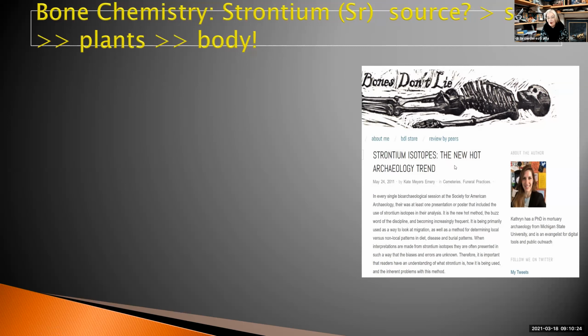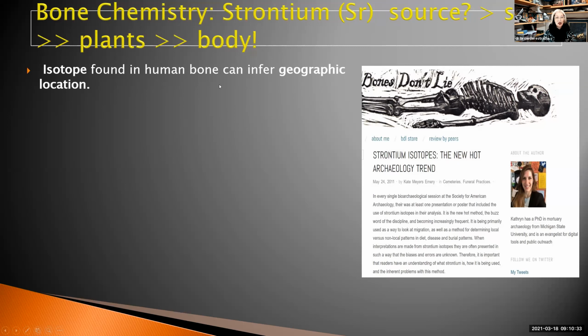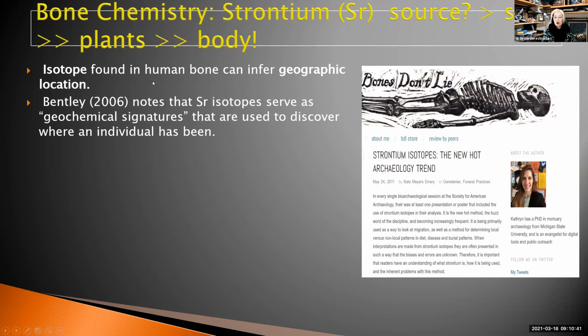And as you can see from this website, the new hot archaeology trend beginning after about 2010 or so, and still going into the future. So strontium, also found in bone, can also infer geographic location at the time the person was growing, when they were still making bone.